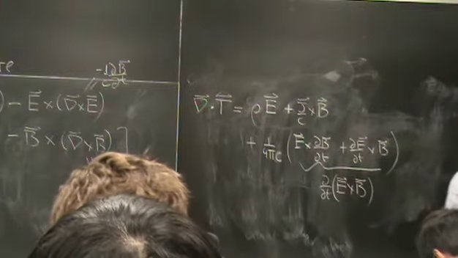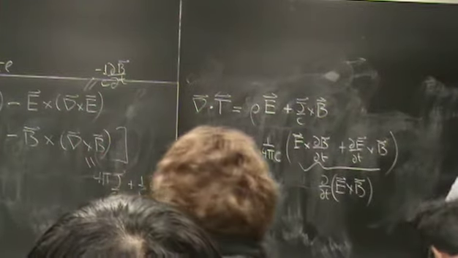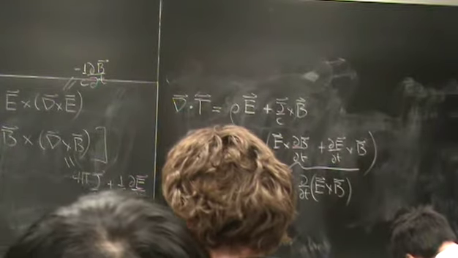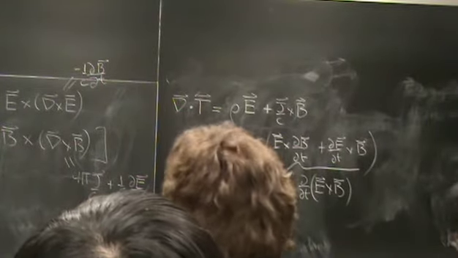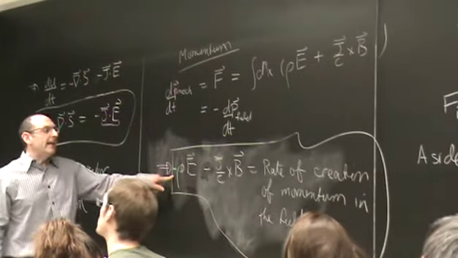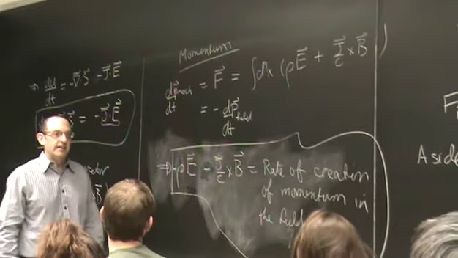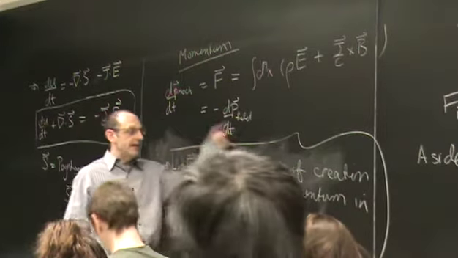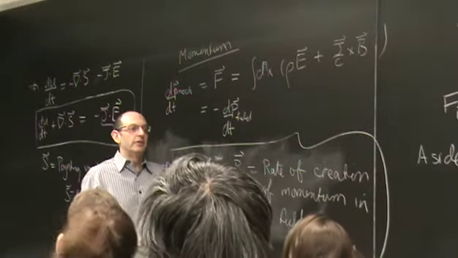So, what do we have here? Well, luckily, I didn't get too far because I still have on the board the important equation that we started this whole discussion with. Minus the Lorentz force density is the rate at which momentum is created in the field per unit volume.